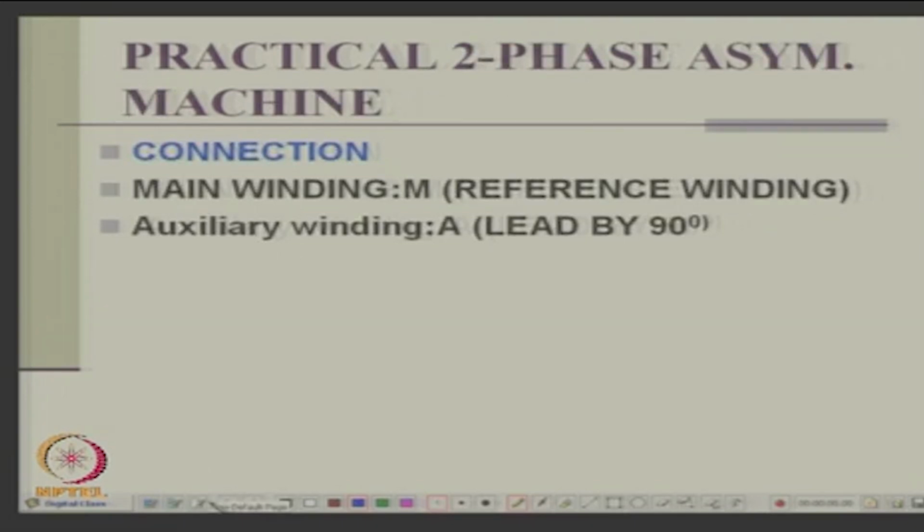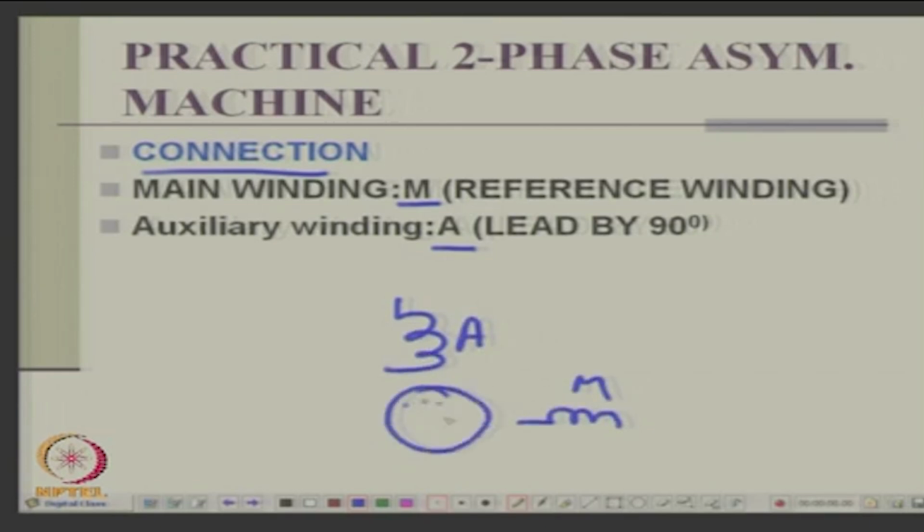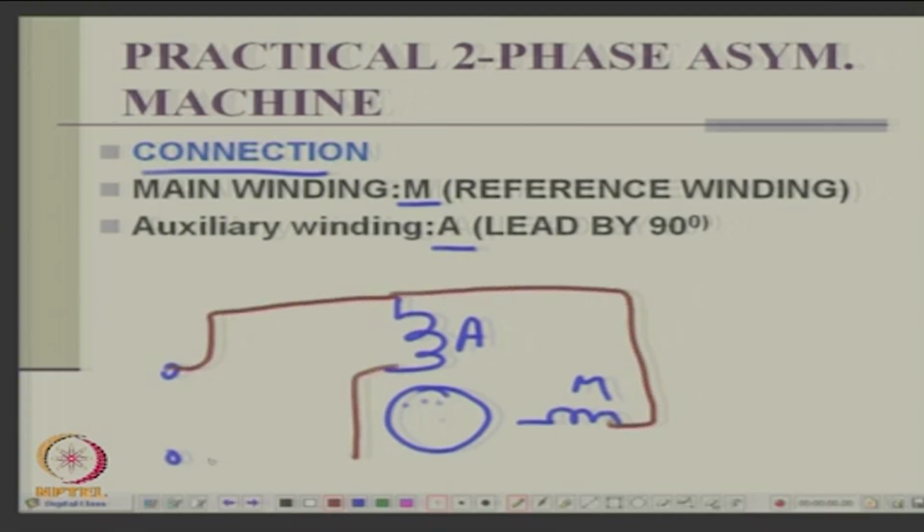Okay. Then we also know that the practical connection is the main winding M and auxiliary winding A, and that the auxiliary winding will be leading the main winding, with the same squirrel cage rotor, and the supply is connected to both the main and the auxiliary winding, okay, maybe with a switch, and you can also have some capacitors in series with the auxiliary winding, but the same voltage will be there.